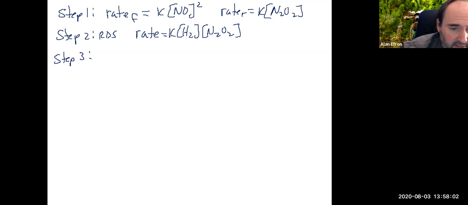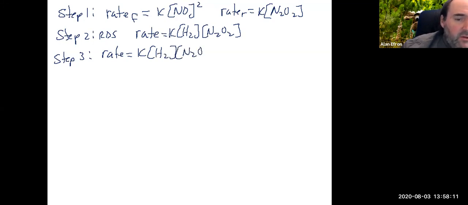But if we did, we could write that the rate would equal K times H2 times N2O. Remember that the reason I say we may not even need to worry about this one is we're really interested in getting rid of this intermediate. And the only other step where that appears is in the first step of the mechanism here.